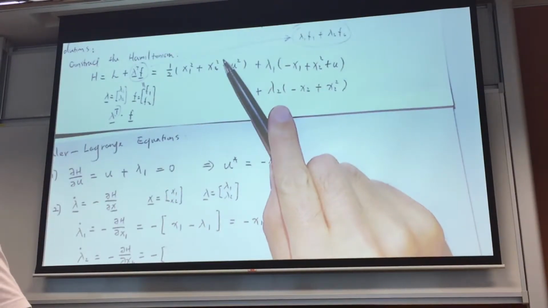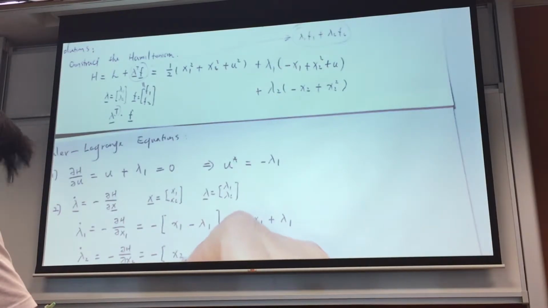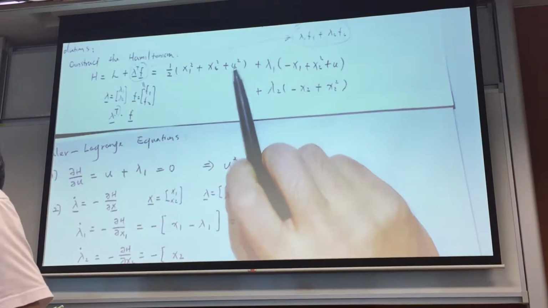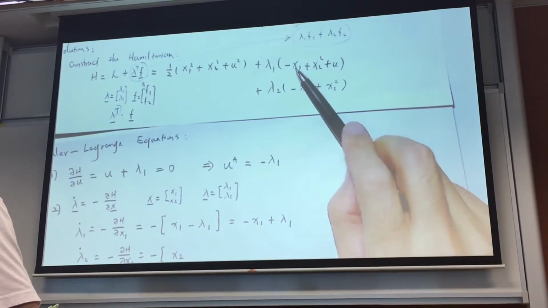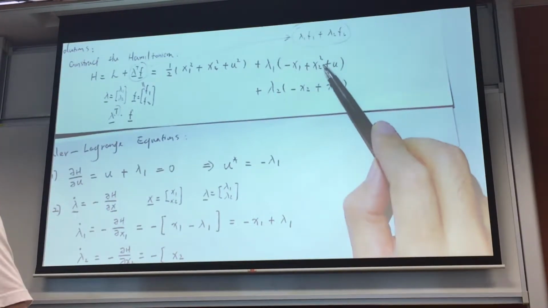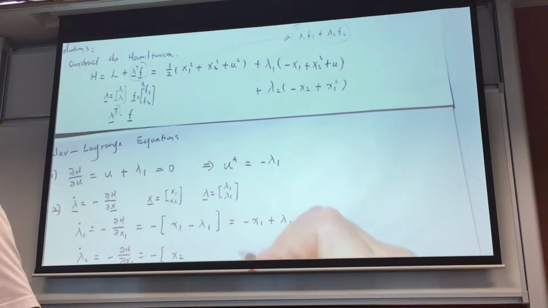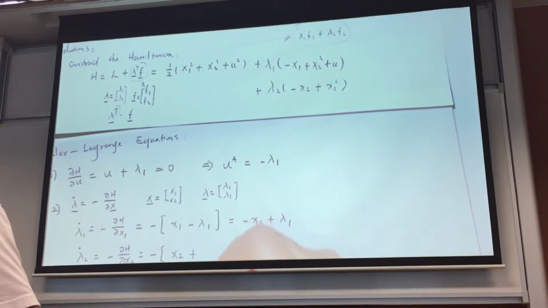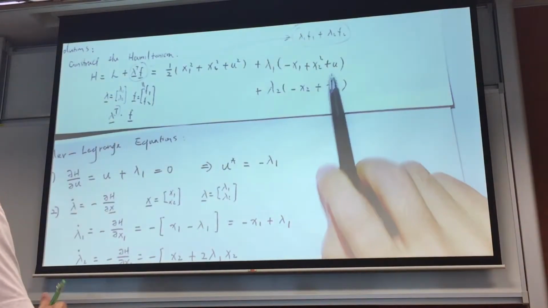This x2 squared will give 2x2 multiplied by lambda 1, so we got plus 2 lambda 1 x2.